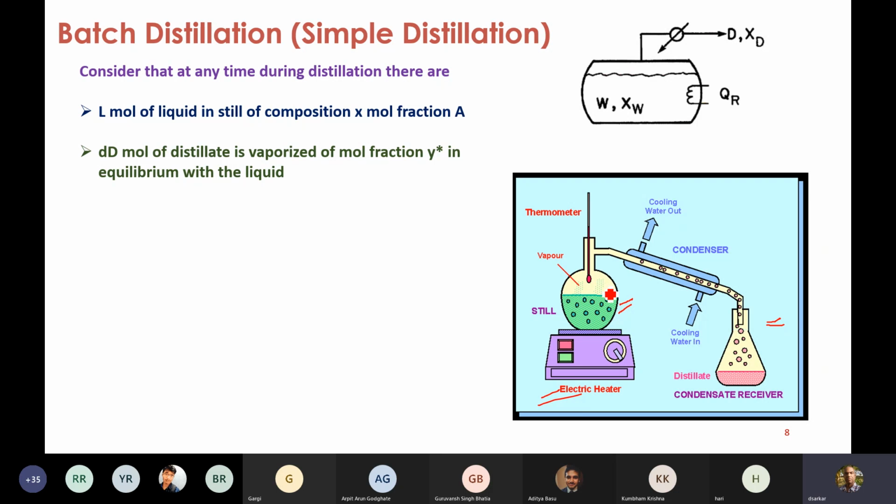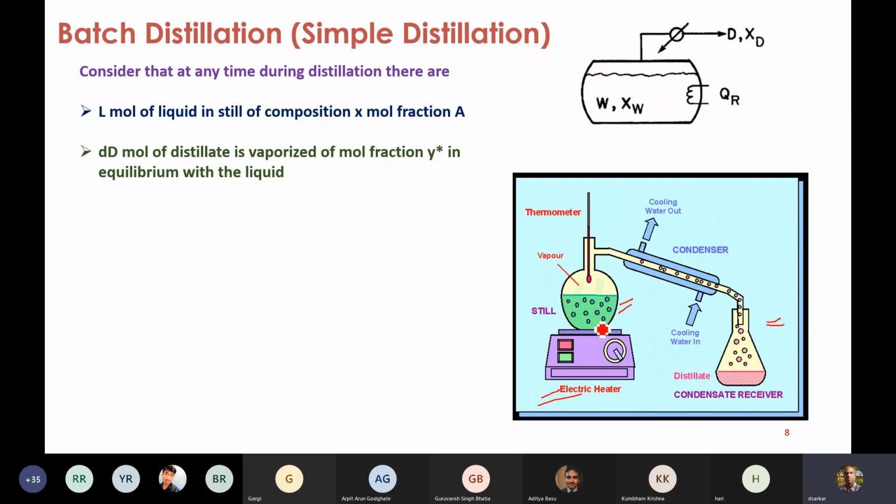Remember that no reflux is there, no entrainment is allowed. Otherwise, this vapor in equilibrium with the liquid in the still will not hold. So the main assumption is that the vapor coming out of a differential distillation will be at any given time in equilibrium with the liquid from which it rises.